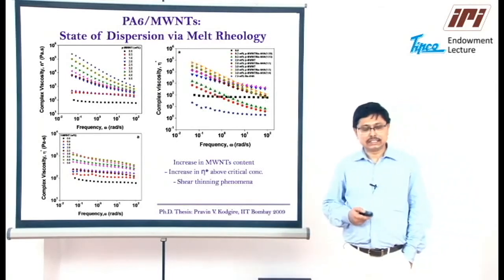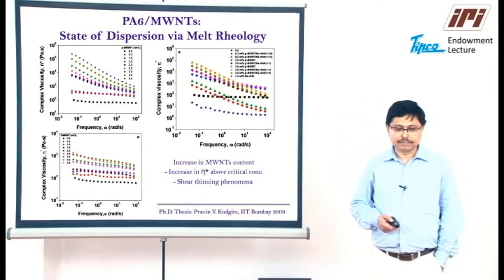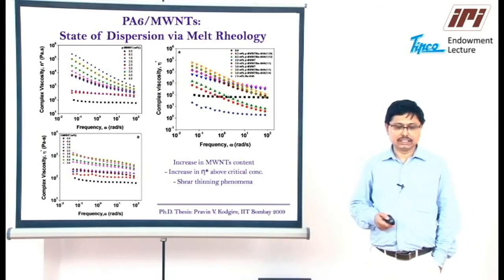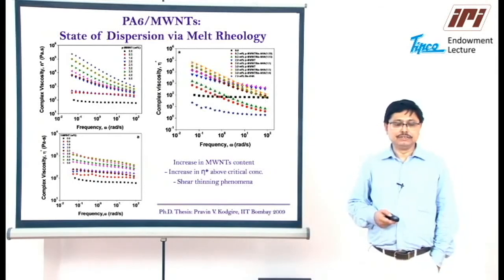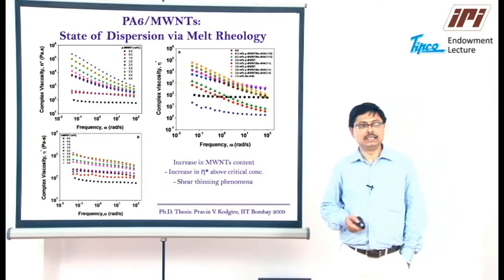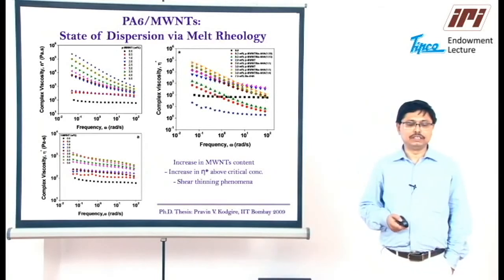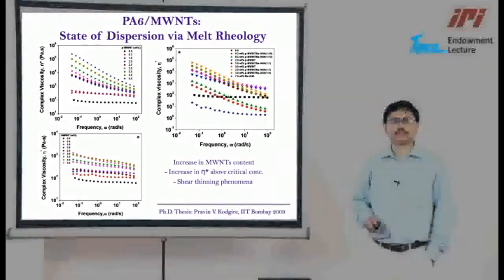This indicates that above a critical concentration there is a shear thinning phenomenon, but the interesting thing is that rheological percolation is being facilitated by the presence of these exfoliated multi-wall nanotubes.